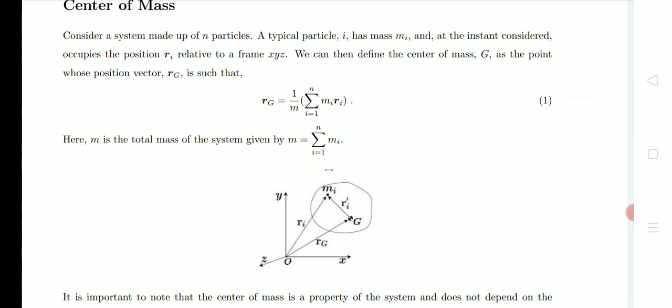We can then define the center of mass G as the point whose position vector Rg is such that Rg is equal to 1 by m summation i equals 1 to n of mi ri.